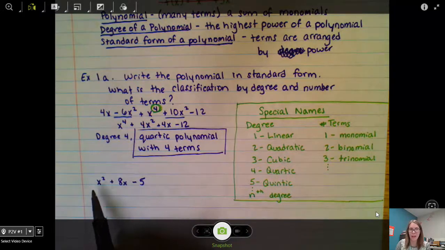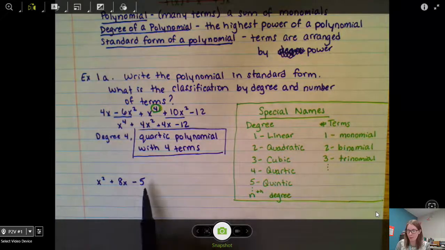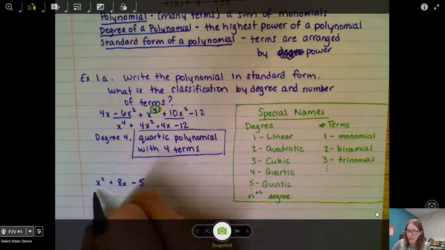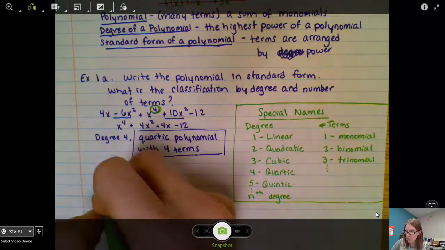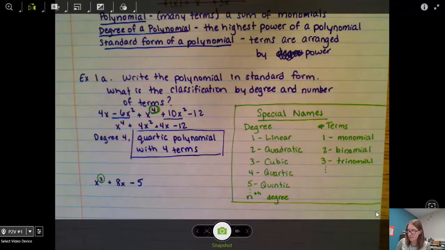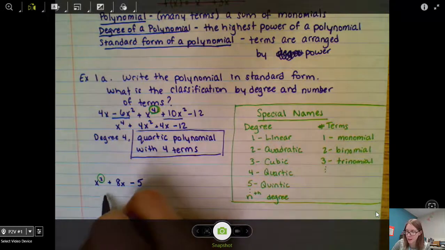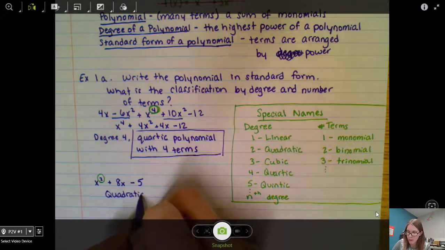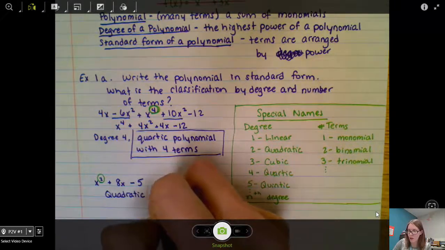I have my term with the highest power first, and then we go in decreasing order from that. So I'm already in standard form. My highest power is 2. And if I have a power of 2, that's my degree, that's quadratic. I have a quadratic, and there are 3 terms. I have a quadratic trinomial.